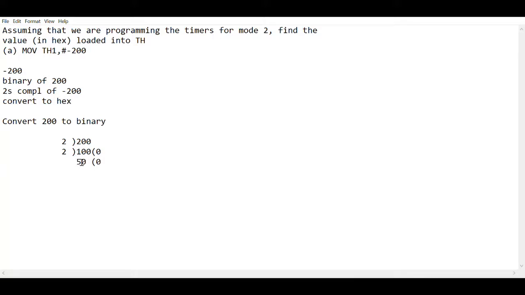So that is again divided by 2. 25. Remainder is 0.